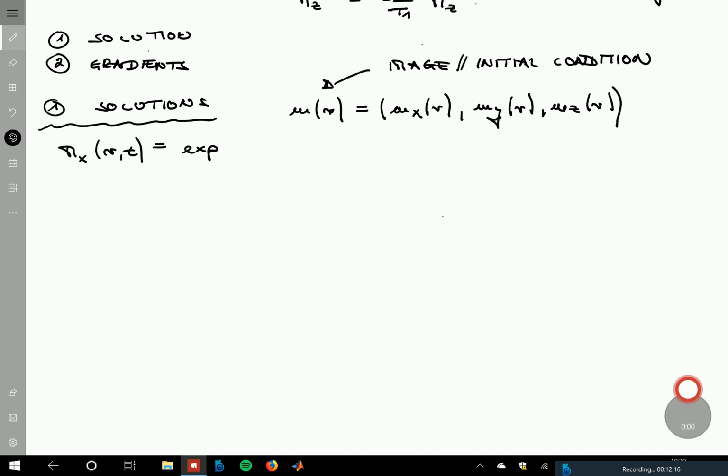So the solution then takes the form of an exponential decay. I always wonder, if I write something like this down, do you have a function in mind? Can anyone, do you see what this actually represents?